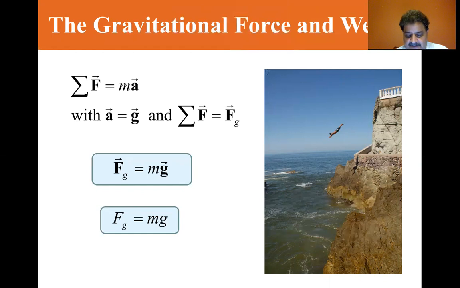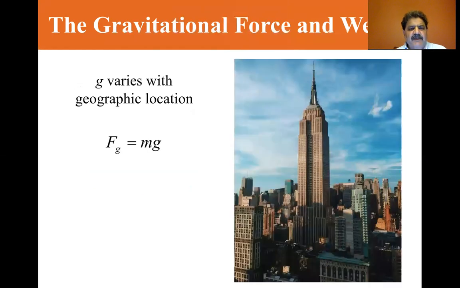Okay, let's see. g varies with geographic location. Who would have thought that? But it's true. The gravitational acceleration g varies with geographic location. g decreases with increasing distance from the center of the Earth.